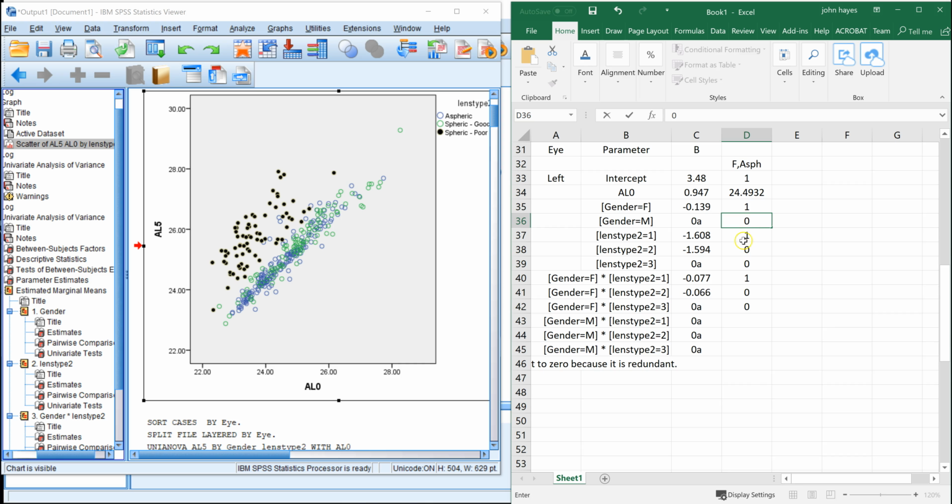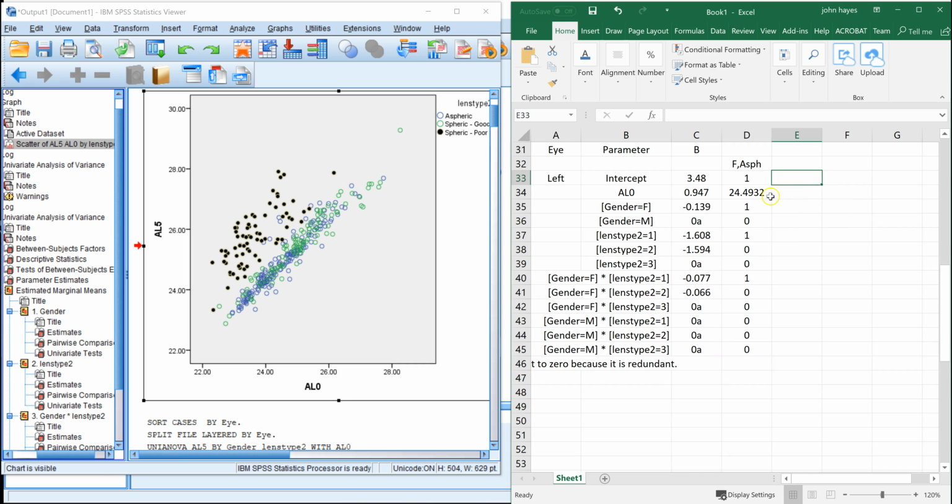It's 1 or 0 for male, 1 for aspheric, 0 for the other two. In the interaction term, the interaction term looks at if you're a female and you're aspheric, which is our case in this case, we're a 1. All the other values are 0. Now, I'd like to point out these little A's here are kind of annoying, although in this case it doesn't look like we have any A's where it's going to hurt us.